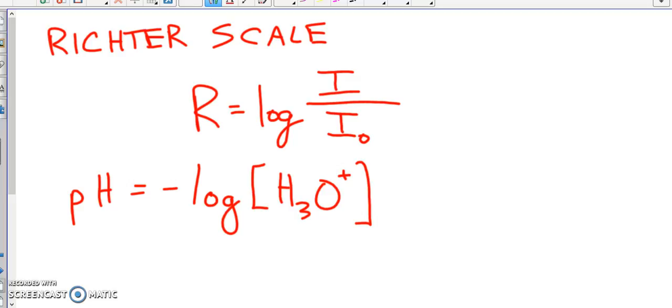And because of the minus sign, that means the lower you go, the more powerful it is. The reason why there's a minus there is because usually this is times 10 to the minus something.